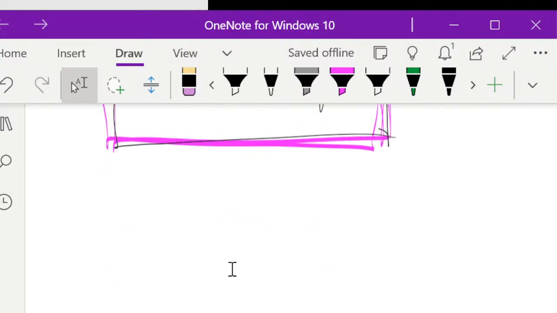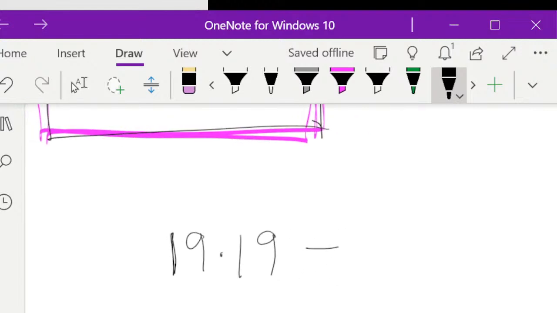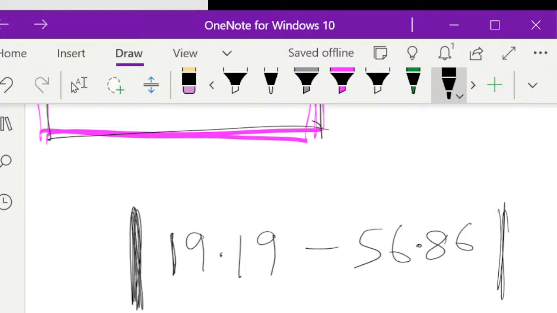So this is what I mean. If you want to choose a value of variable capacitor and your range is 19.19 to 56.86, this is the range. You want to choose something that bounds this.